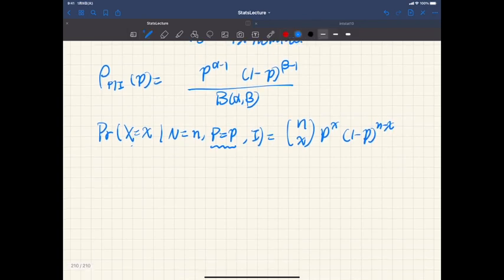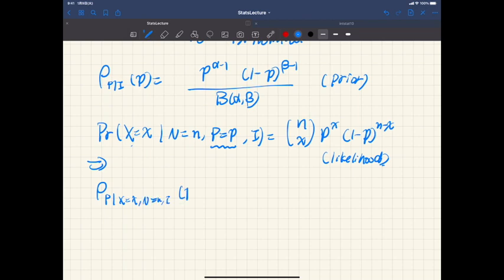Then from these we calculated the posterior. So this is the prior, this is the likelihood, and from this we got the posterior probability: p to the power of x plus alpha minus 1, times 1 minus p to the power of n minus x plus beta minus 1, over the beta function.